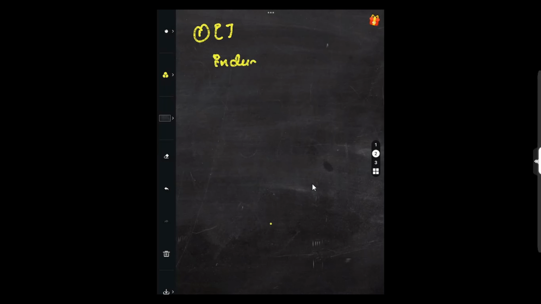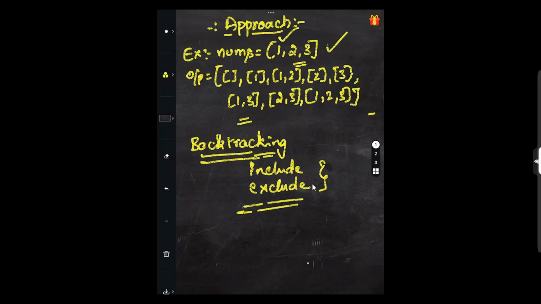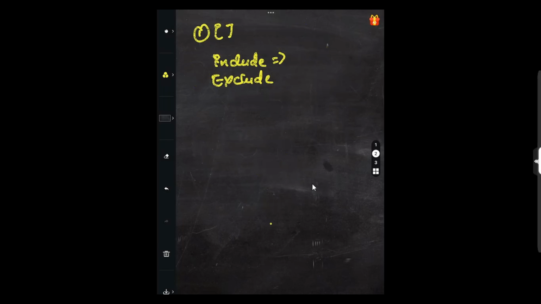This branch is include and this one is exclude. The first element we have is 1. When we exclude 1, this will be empty. When we include 1, this contains 1.